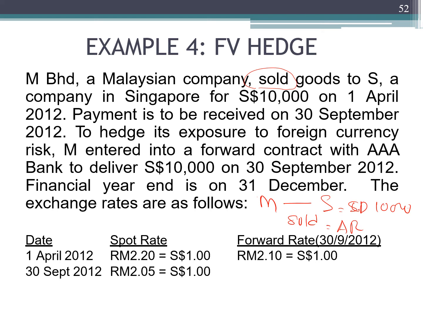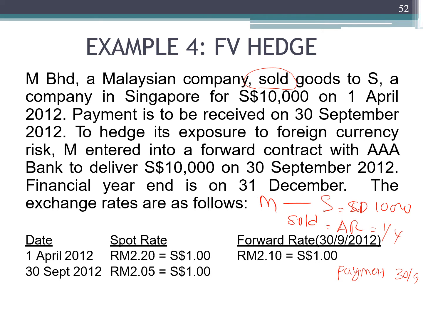The transaction was on 1st of April 2012, and the payment is going to be received on 30th of September 2012. So you create an account receivable, and the payment will be received on 30th of September.